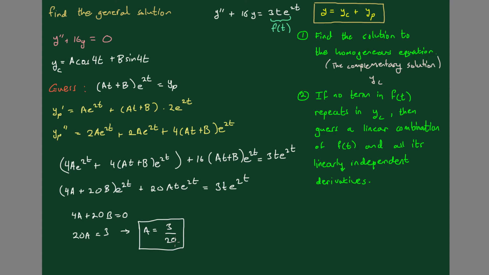And since a is 3 over 20, we can plug that in here, and we're going to have 4 times 3 over 20, right here. So that's going to be 3 over 5, and then plus 20b is equal to 0, which means b is equal to minus 3 divided by 100.